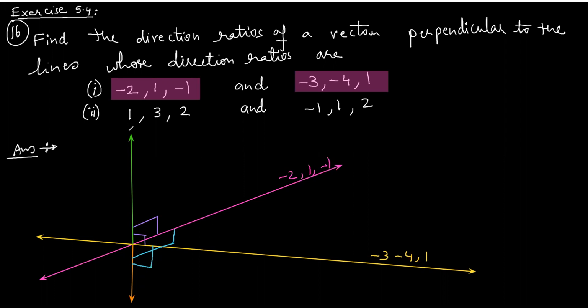So I have to find either this vector or this vector. So how do I find these vectors?